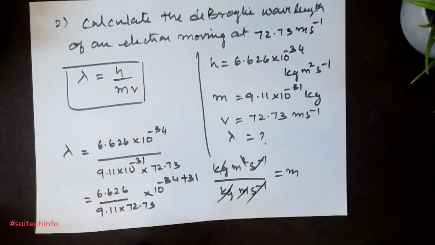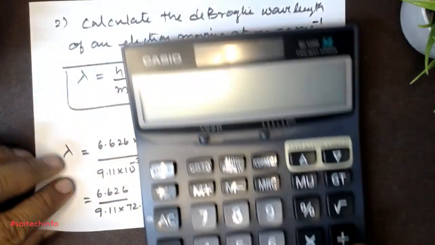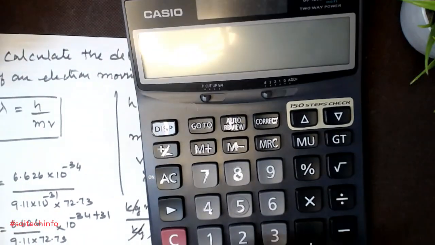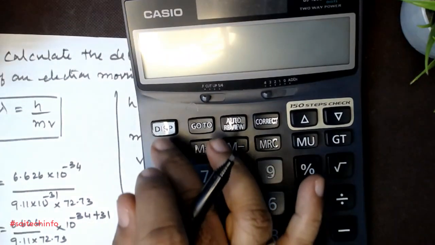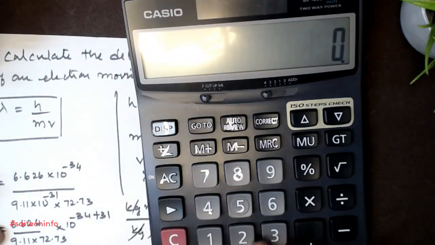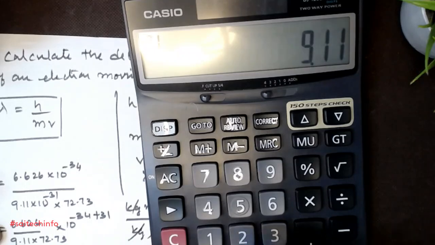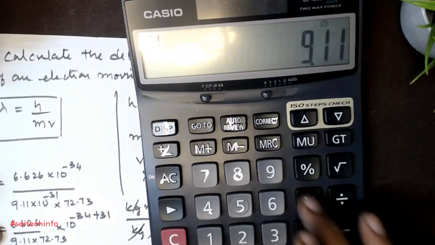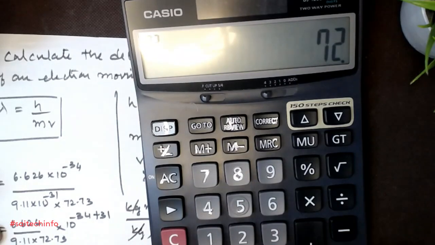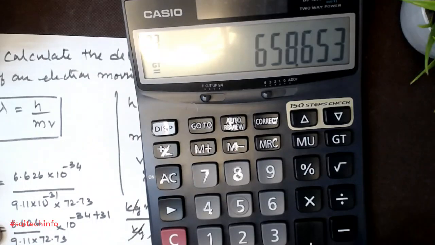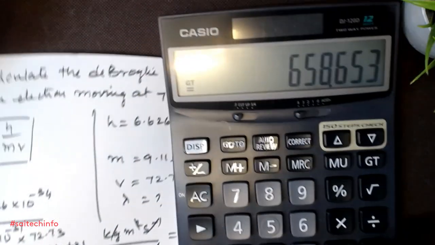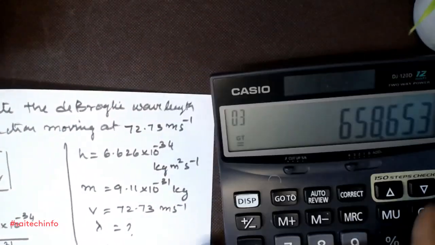So therefore now let us work out 9.11 into 72.73, which is equal to 658.65.